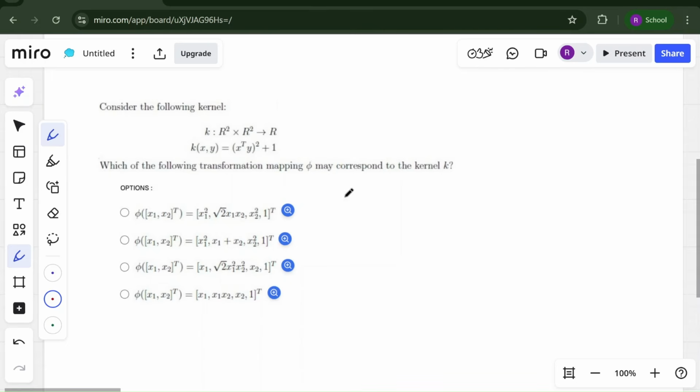Square is only on x transpose y, so 1 plus (x1 y1 plus x2 y2) whole square. If you expand this, you'll get 1 plus x1 square y1 square, x2 square y2 square, and then another term which is 2 times x1 x2 y1 y2.